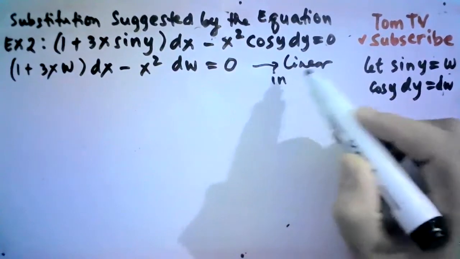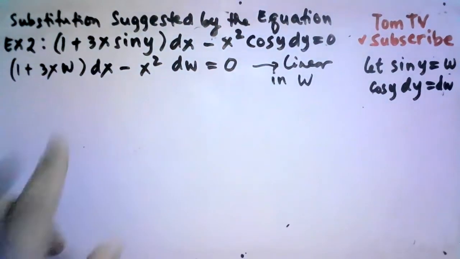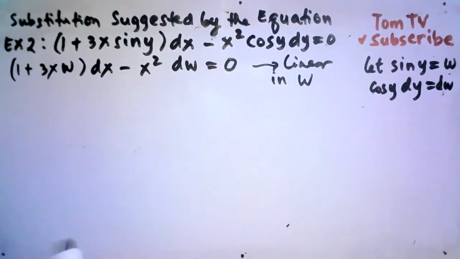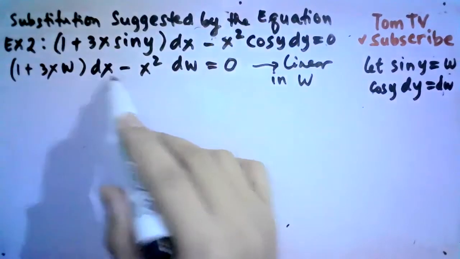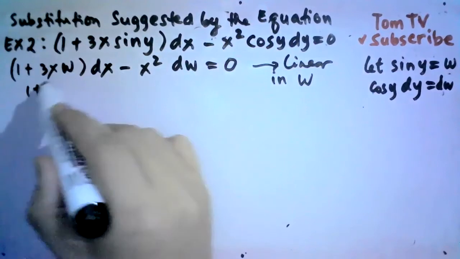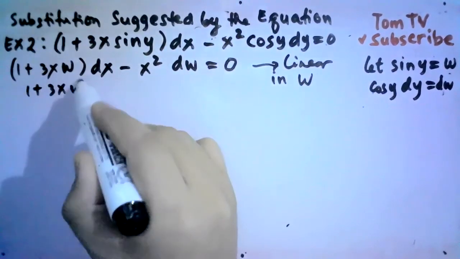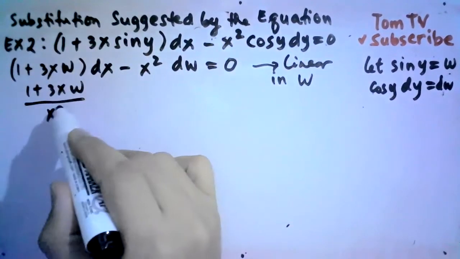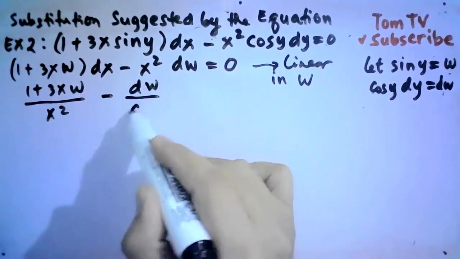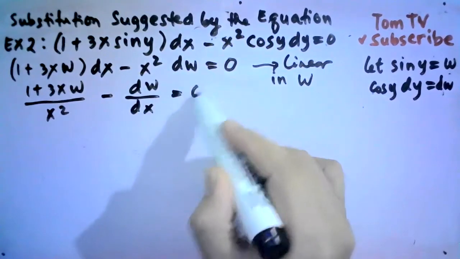If this is linear in w, then we can arrange this in terms of dw over dx. So dw over dx, and then this one transferred to the other side becomes 1 plus 3xw all over x squared minus dw over dx is equivalent to 0.